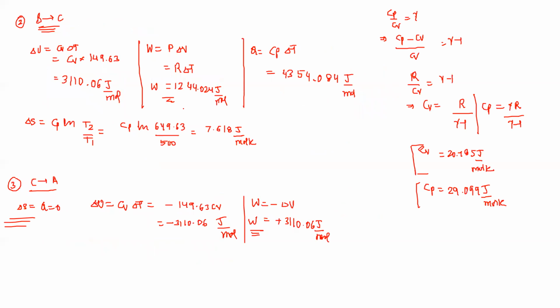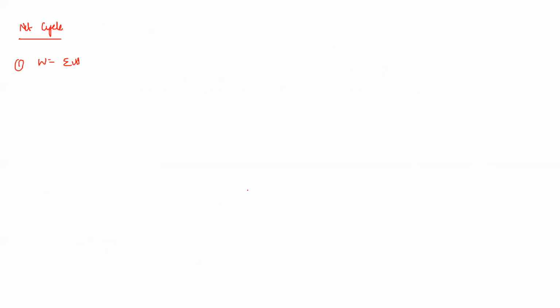In BC it is 1244.024, and over here it's 3110.06. So finally the work done comes as 545.08 joule per mole. Okay, 545.08 joule per mole. That is work done.